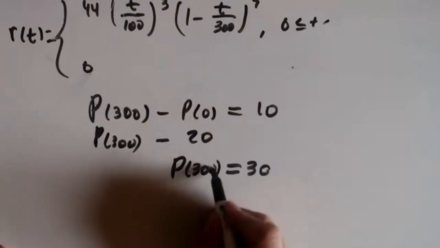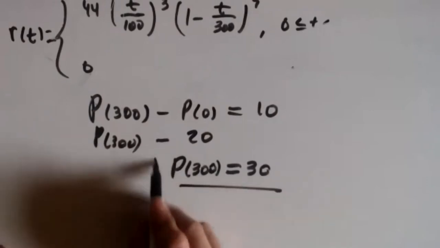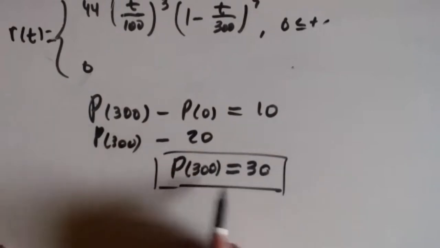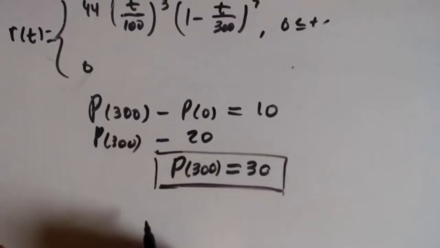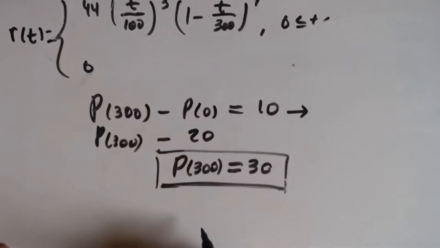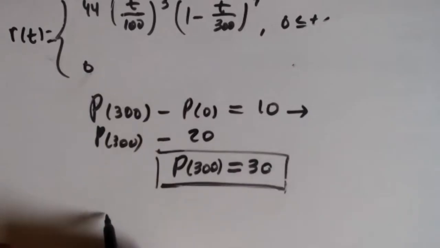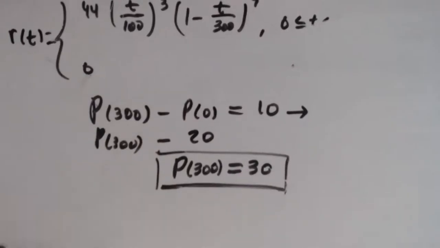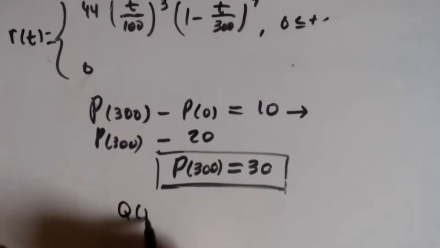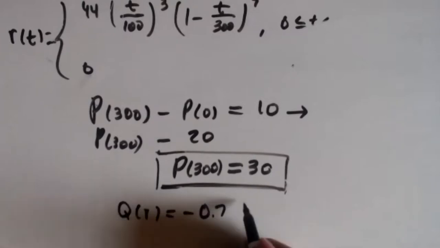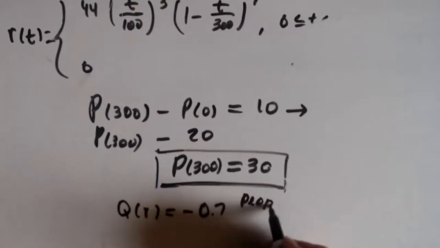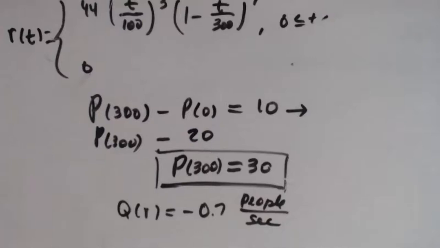Okay, this is okay. These were all the people entering the line, the people on the line, 30, but there is something important. As the process began, people were entering the escalator, so the rate was what? Okay, the rate was Q of t equals negative 0.7 people per second, right?